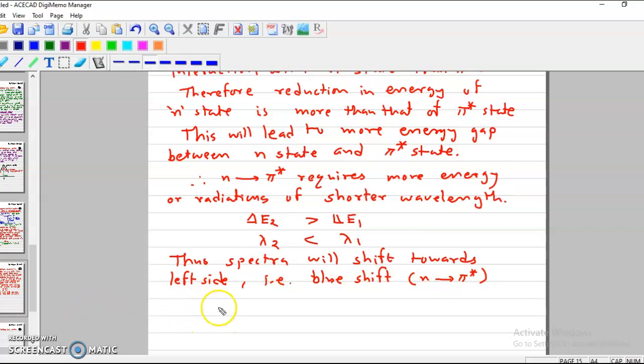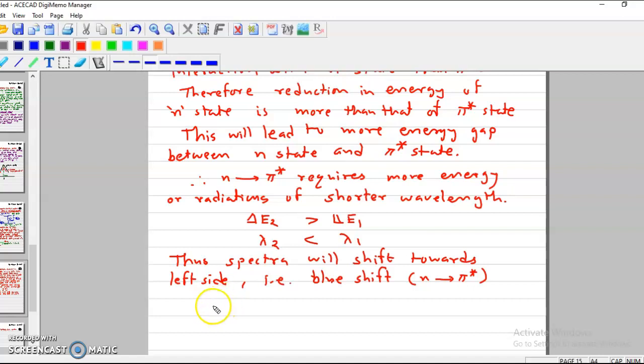Thus, when the UV visible spectra of enone or benzoyl systems which contain a carbonyl group is recorded with polar solvents, then the value of lambda maxima decreases from what we expect.